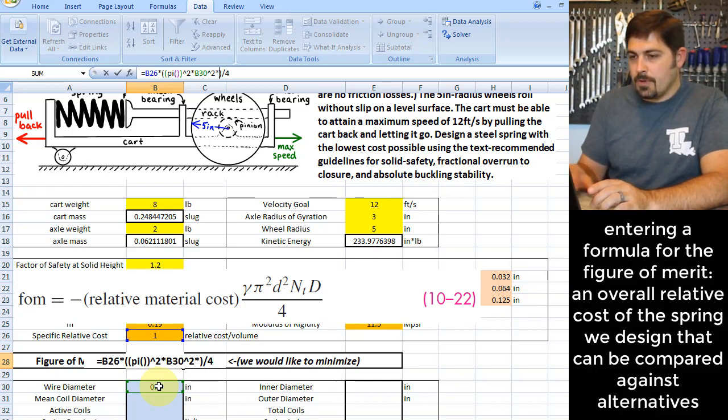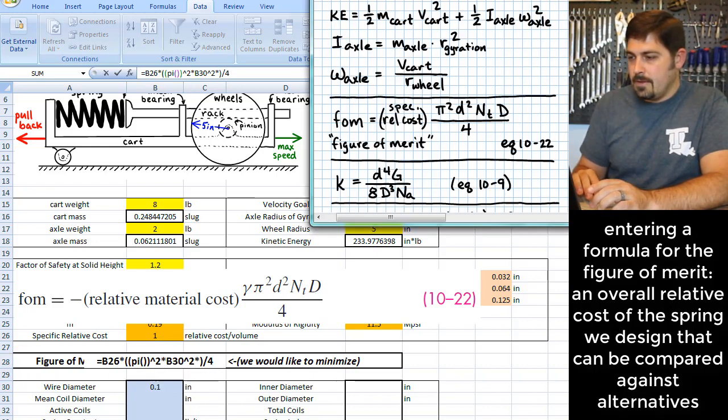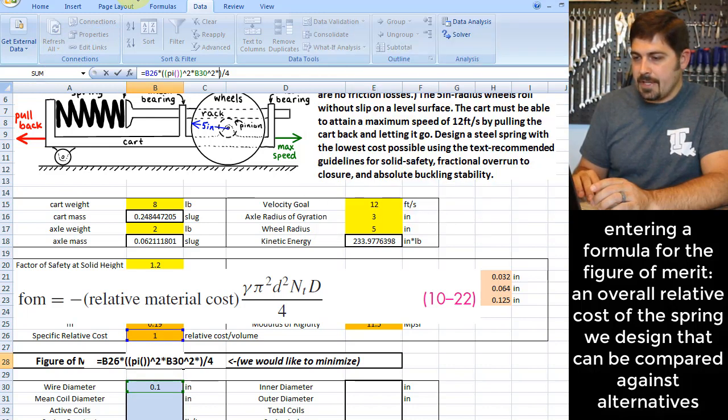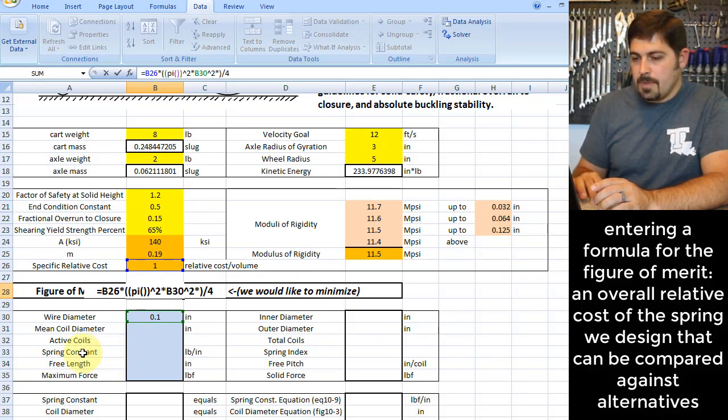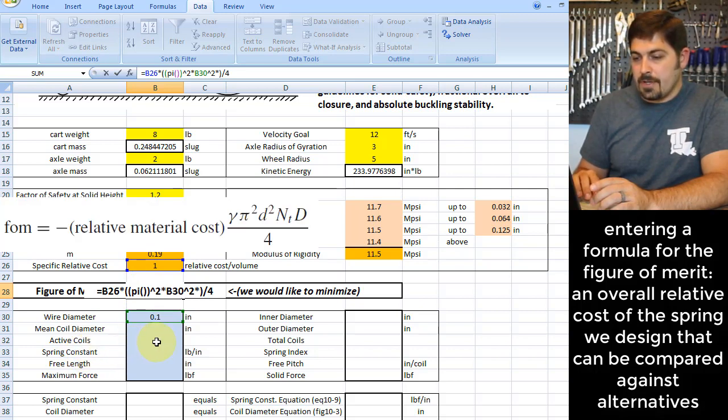To this we're going to multiply N sub t. N sub t is not actually stored here, it's stored in active coils, which is right here.